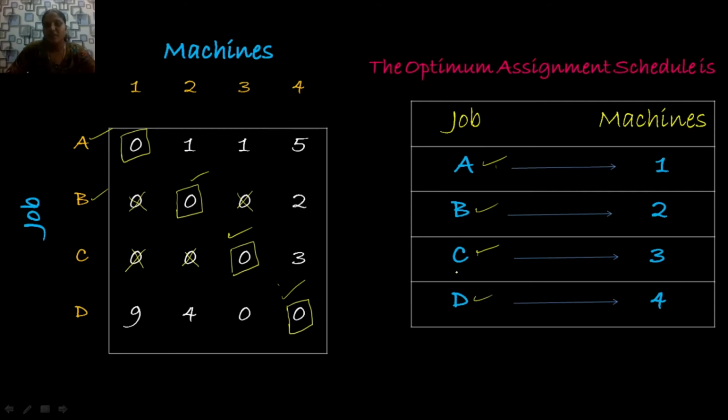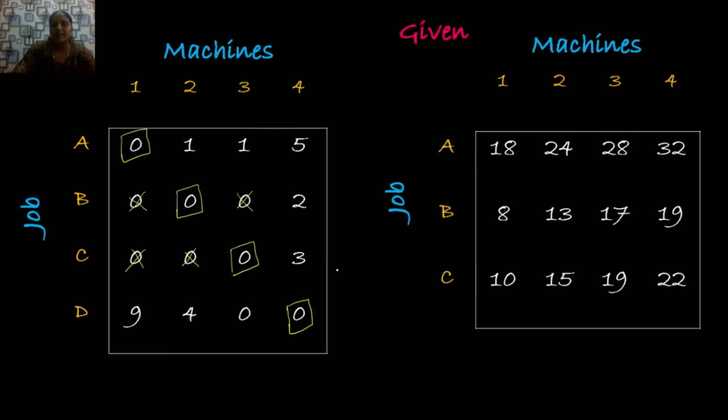Next we have to find the original cost associated with these positions in order to calculate the minimum assignment cost. For that, let me look at the given matrix.